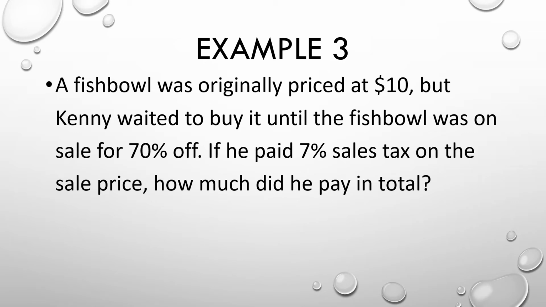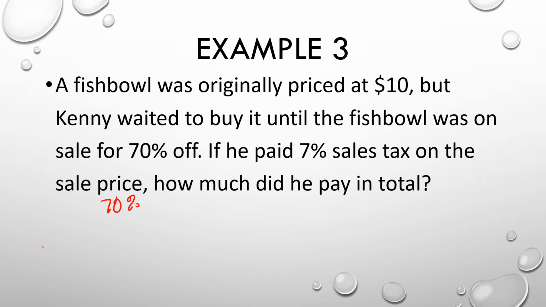A fish bowl was originally priced at $10, but Kenny waited to buy it until the fish bowl was on sale for 70% off. If he paid 7% sales tax on the sale price, how much did he pay in total? So if he's getting 70% off, we'll work this one the original way. We'll use that 70. You could also do 30%, but let's use 70 just so that we show the other ways of solving.